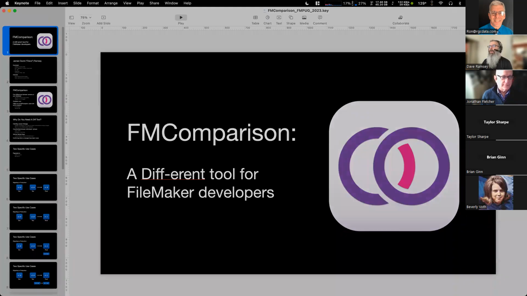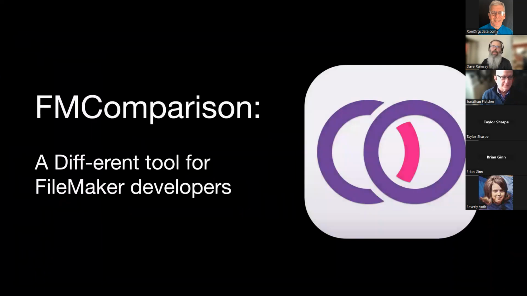Diffing is not like with FMPerception, where I can give you a quick demo and you get it. People get it really quick as to what it does, how it works, and then it's just a decision of whether it works the way you want it to work and whether it will meet your needs. But the thing is, FileMaker developers are not used to being able to do a diff.